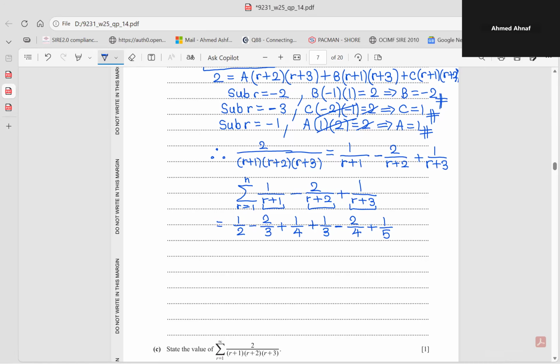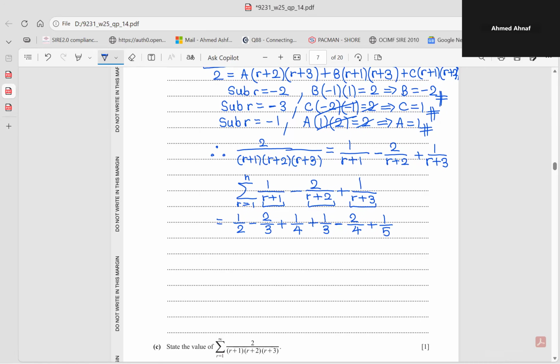Actually, I don't think this is a good way to organize it. I think there's a better way to organize. Okay, so let's do this again for r equals 2.